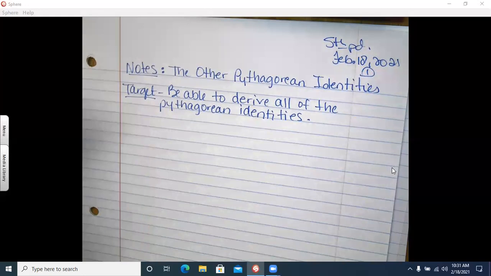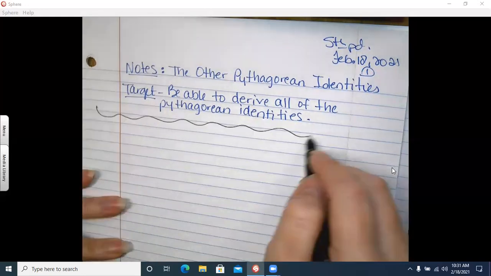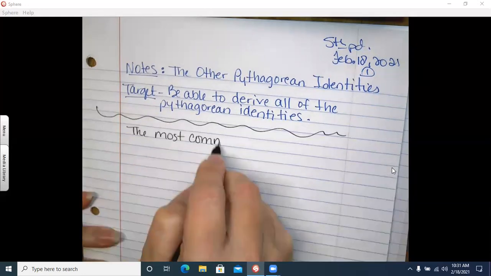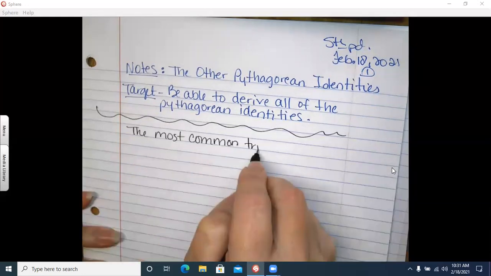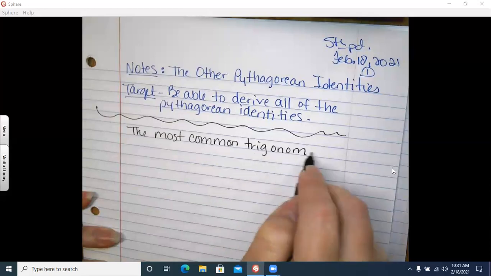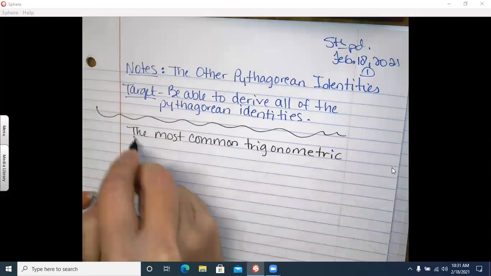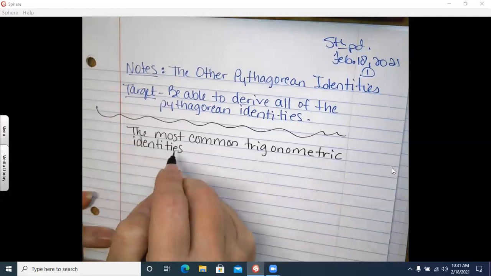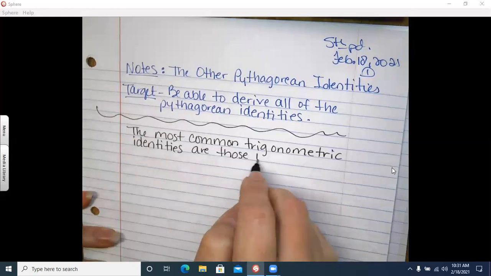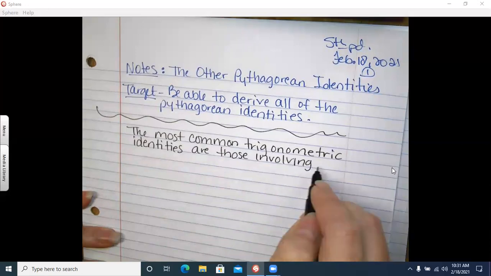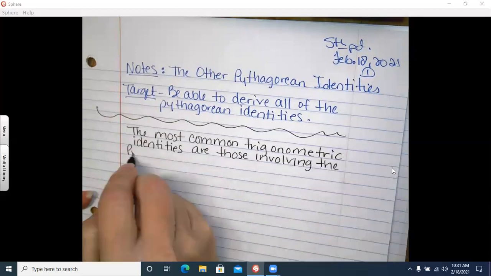So let's say the most common trigonometric identities are those involving the Pythagorean theorem.